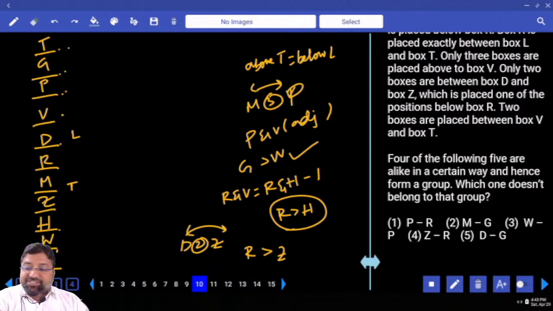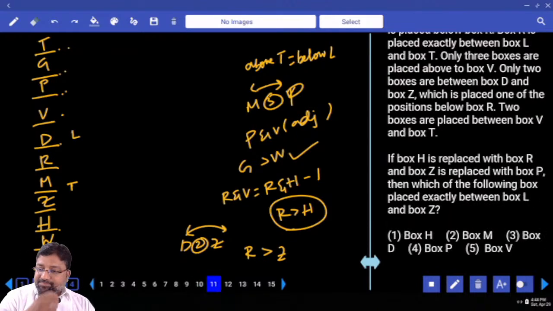How many between M and G? 4 persons. W and P? 6 persons. Next, Z and R, 1. D and G, 2 persons. So the gap is odd or even. Where do you find an odd number of people? Z and R. All other places have an even number of persons.